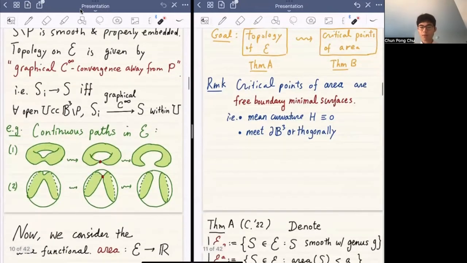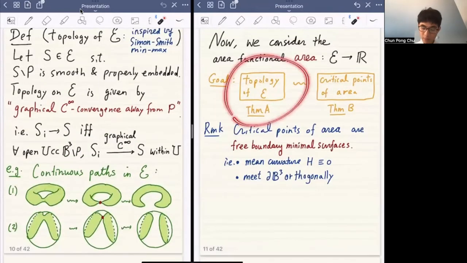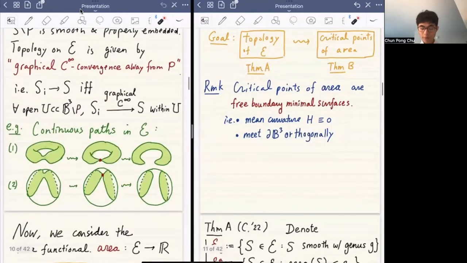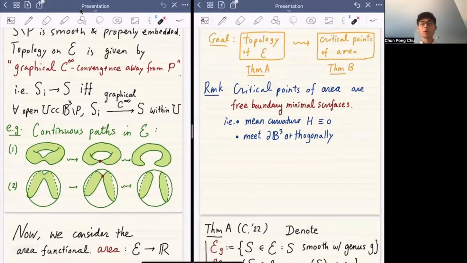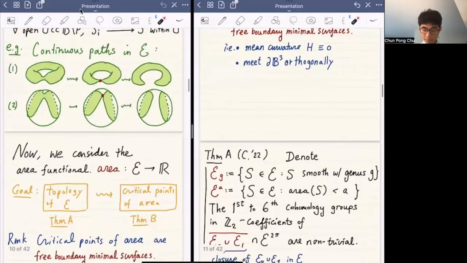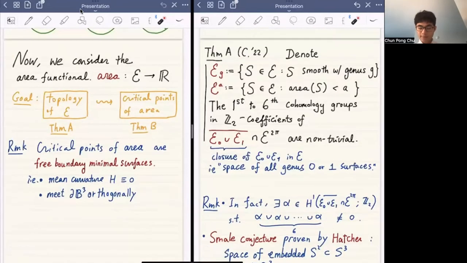So let me now explain the first part. So we have two parts, right? The topology part and then the part about the free boundary minimal surface. So let's talk about the first part. In the first part, we have a theorem that helps us to understand the topology of E. So it describes some non-trivial topology of E. So let us denote by E_G the set of all smooth genus G surfaces in B3.